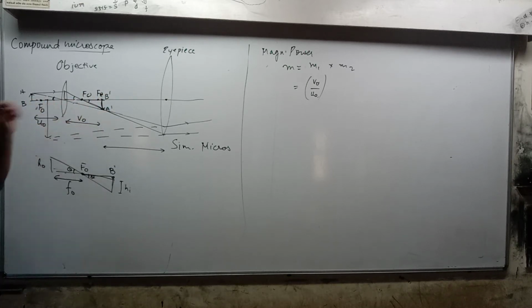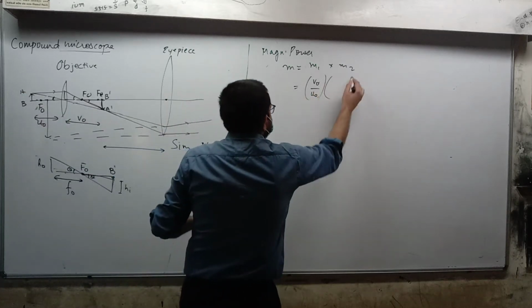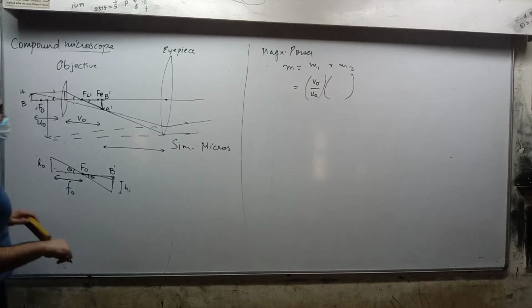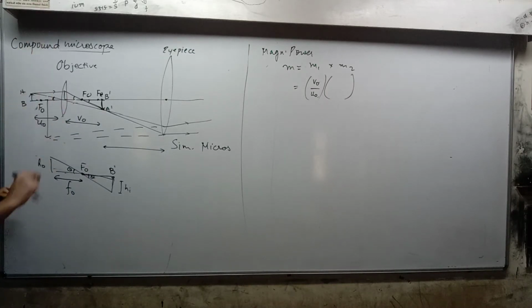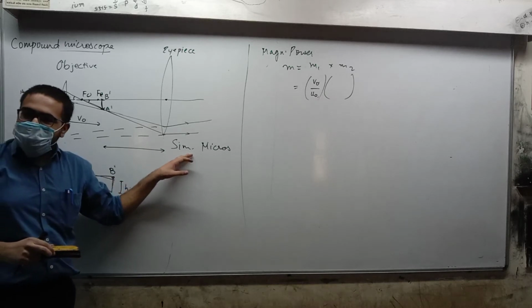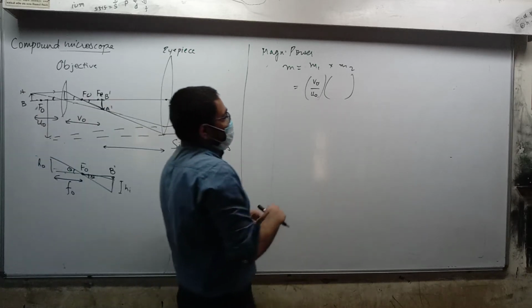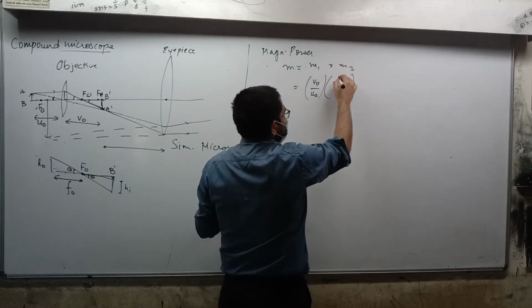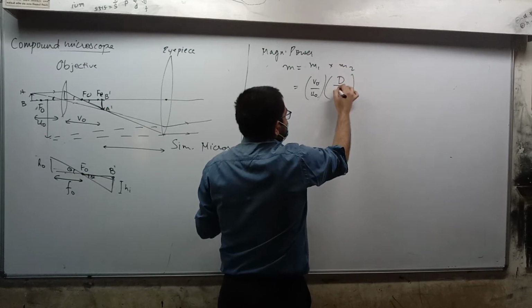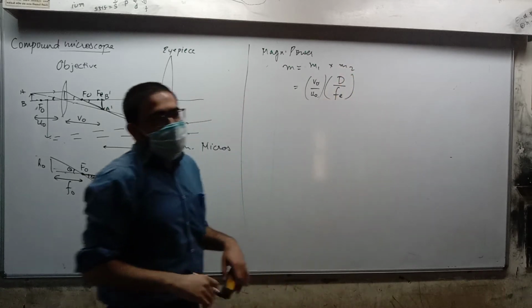Now over here we have to do it for the eyepiece. M2 is for the eyepiece. Again, for the eyepiece, if you consider that it's a simple microscope, then it's going to make it appear that many times larger. Did you understand this step?